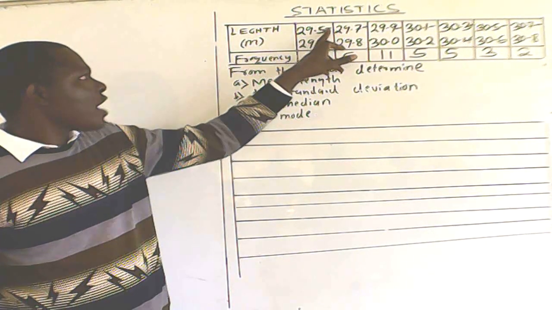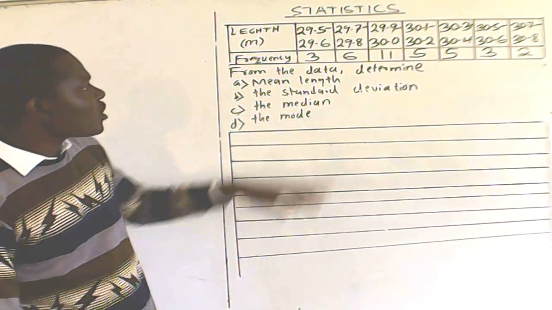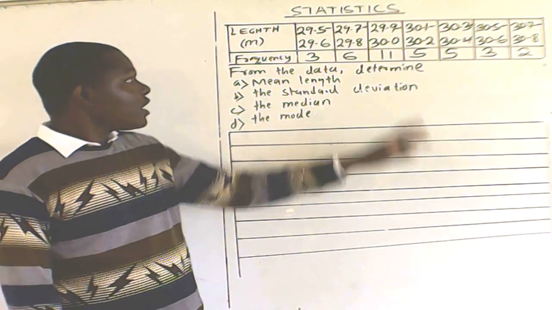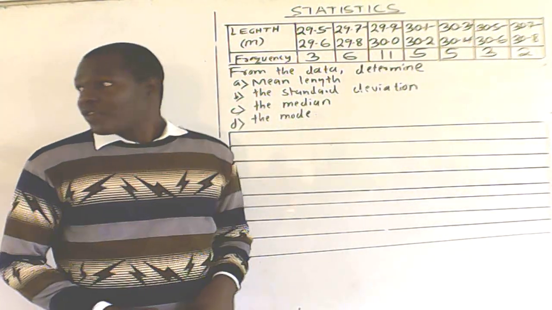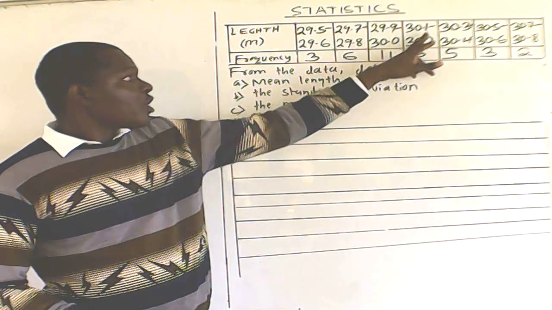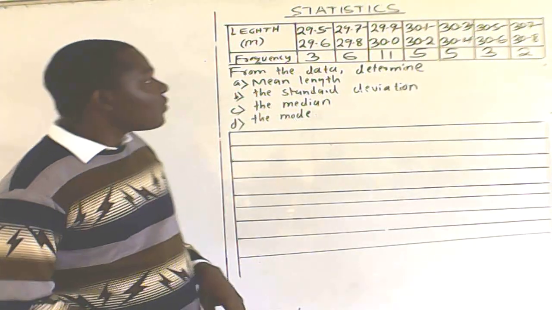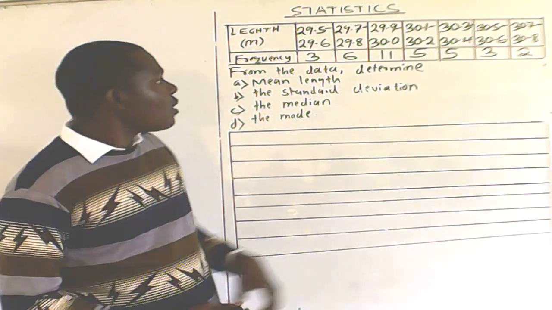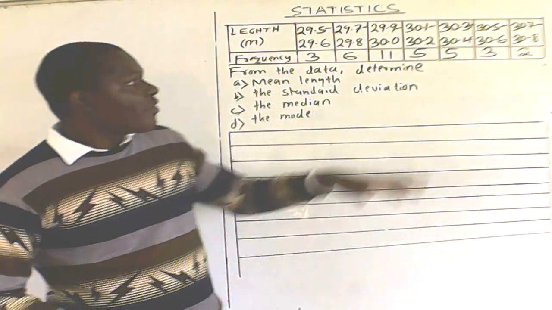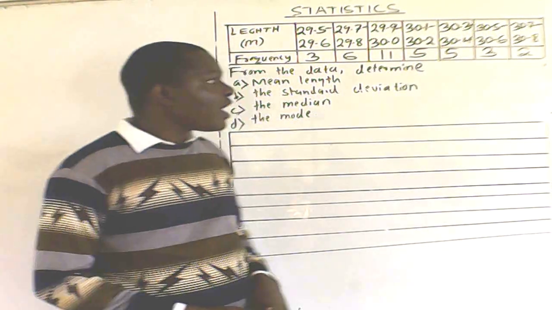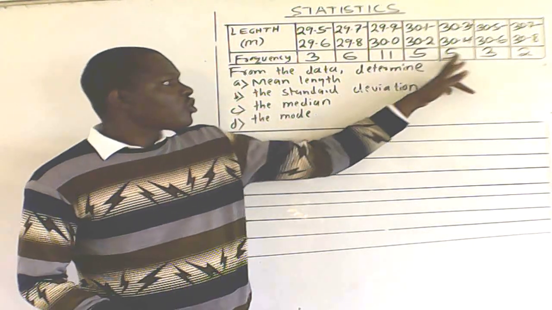The first class 29.5 to 29.6, the second class 29.7 to 29.8, the next class 29.9 to 30.0, the next class 30.1 to 30.2, the next class 30.3 to 30.4, then the next class 30.5 to 30.6, then the last class 30.7 to 30.8.